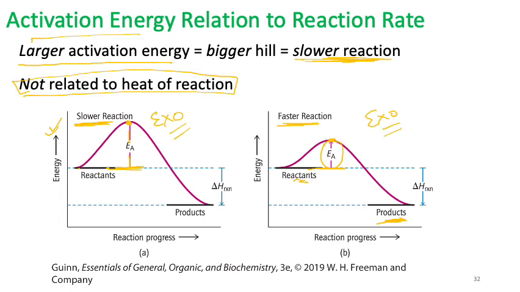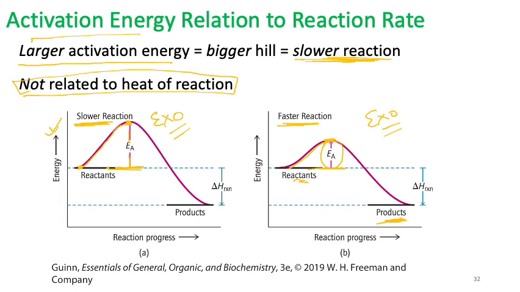By looking at the height of this activation energy. The bigger the hill in the graph on the left hand side, starting from the reactant, you need to go up the hill, and you have a lot of distance to cover before you reach the top of the hill, compared to the right hand side, where you have a lower energy requirement before you can go to the top of the hill.